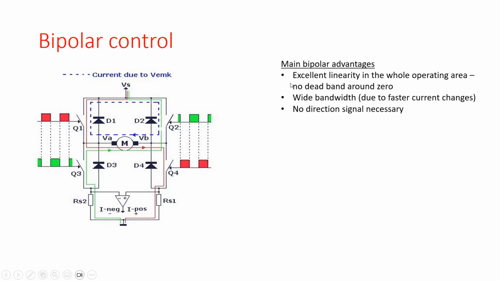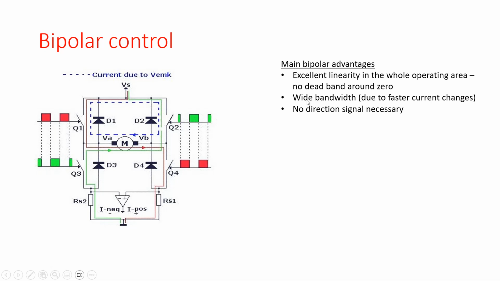We see that the main advantages are the following. First of all, we have an excellent linearity in the whole operating area, so there is no deadband around 0, which is very good for high dynamic switching operation topologies.